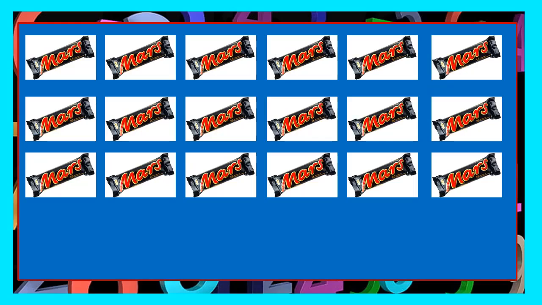How many chocolates are there in each group if Anna is going to divide her 18 chocolates into 9 equal groups?